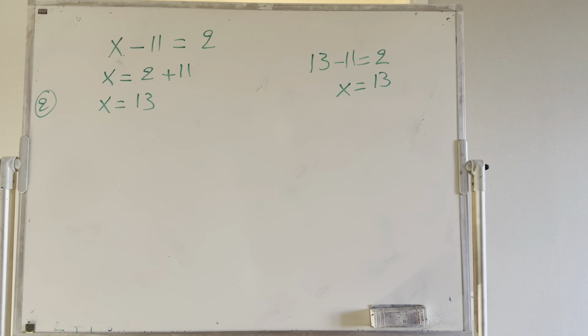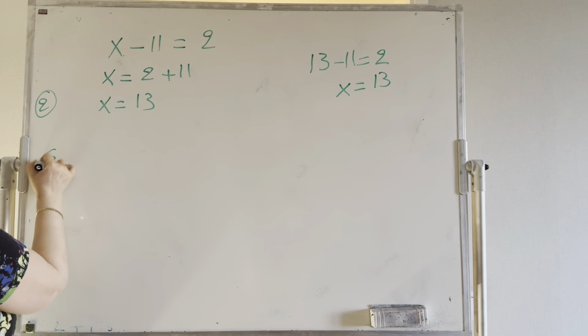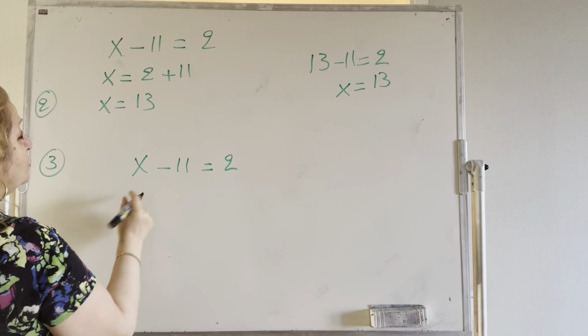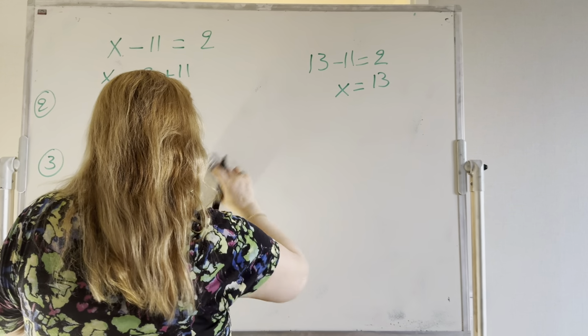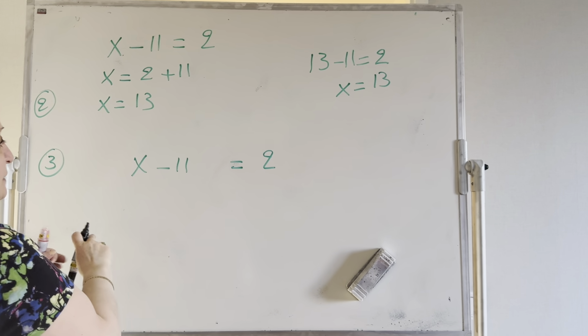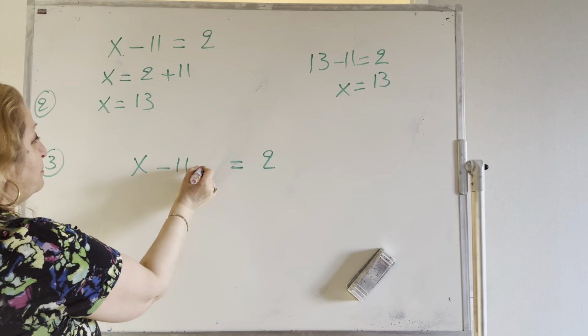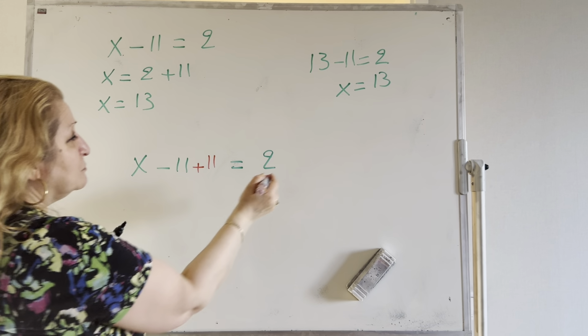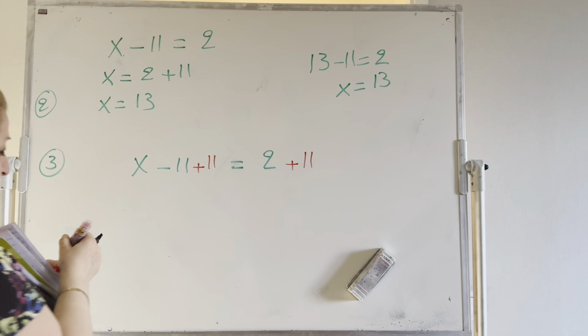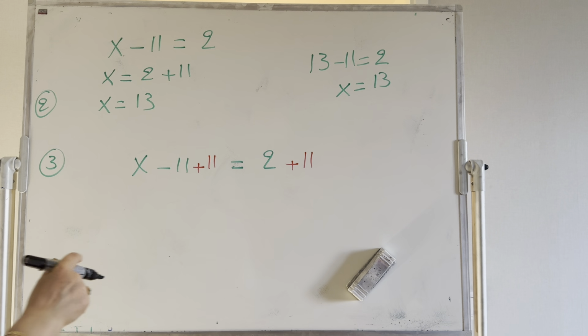The third method, the balance method. X minus 11 equals 2, and I want just x on this side, so I will add plus 11, but I must add plus 11 to the other side of the equation.